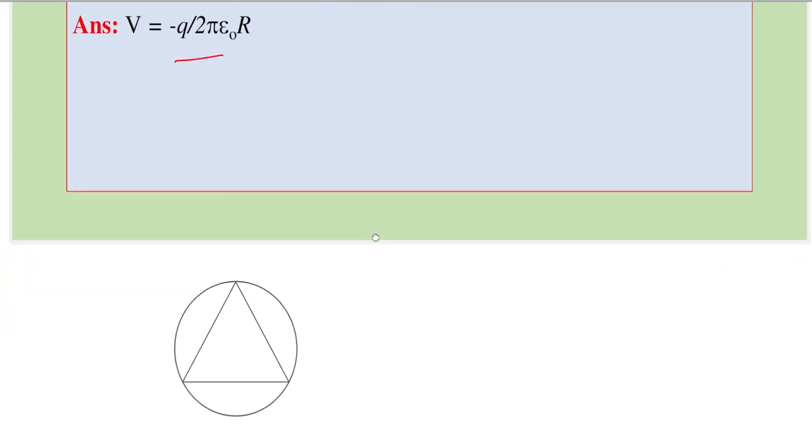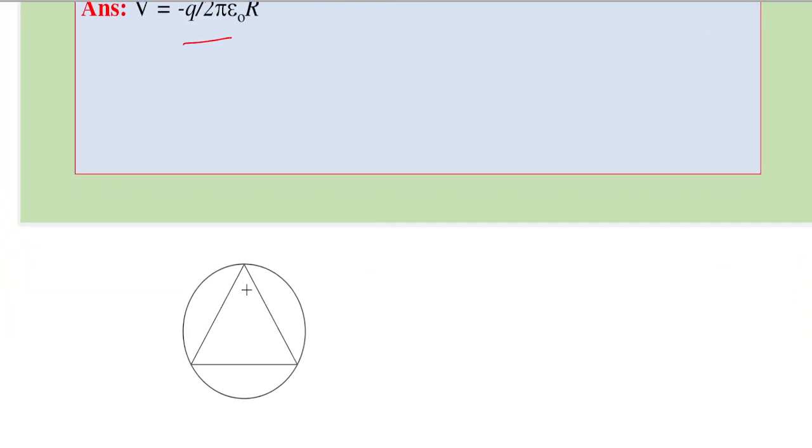To understand this, let's draw the triangle with the vertices as A, B and then C, and this is an equilateral triangle. Now if we draw a circle with the given radius, then these charges would fall on the circle, and let the center of the circle be called O.